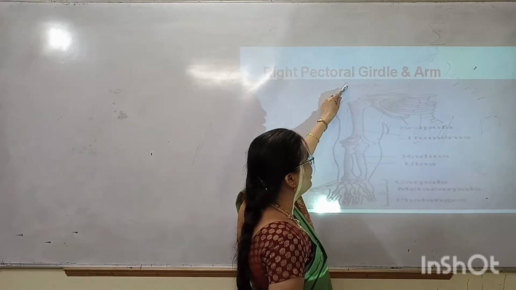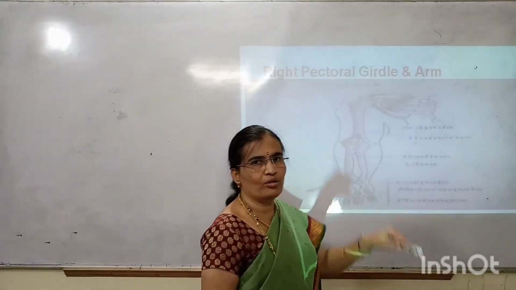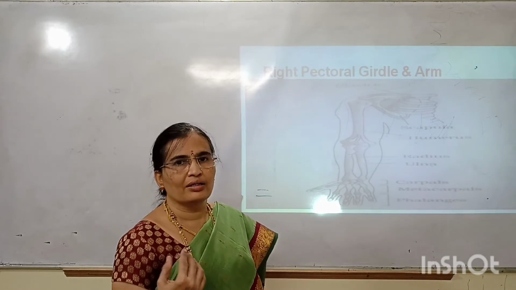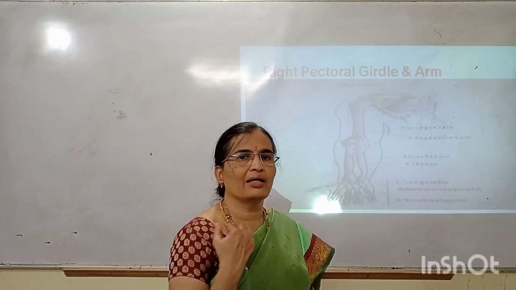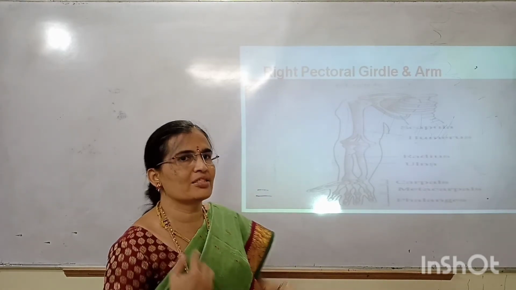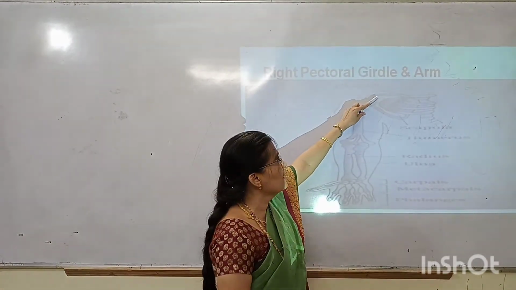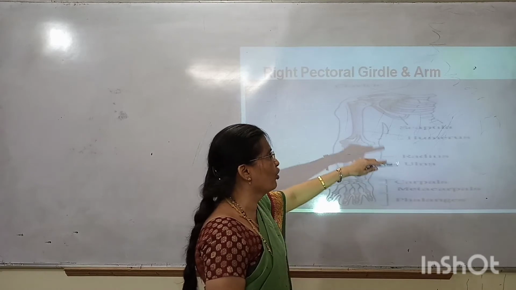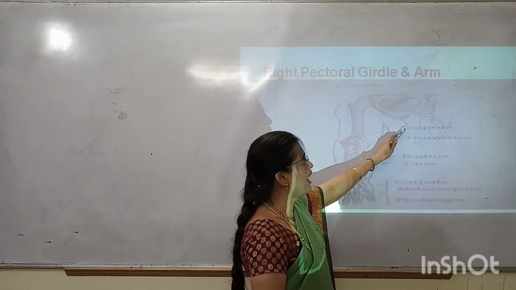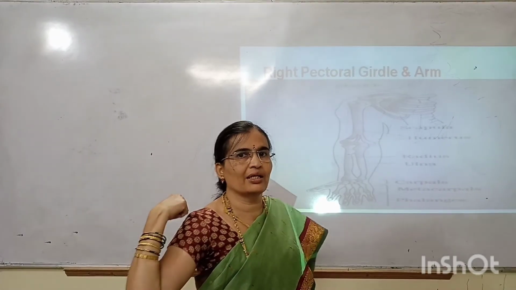The clavicle is a flat bone present ventrally, and this is the clavicle. It is also called the collar bone or beauty bone. And the scapula is another bone present dorsally.